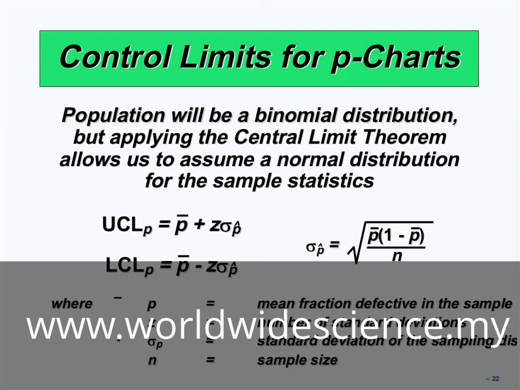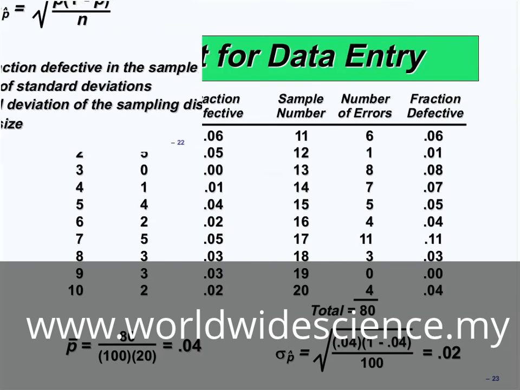Also the standard deviation of sampling, sigma P, can be calculated through this formula: radical of P bar multiplied by 1 minus P bar, divided by N.